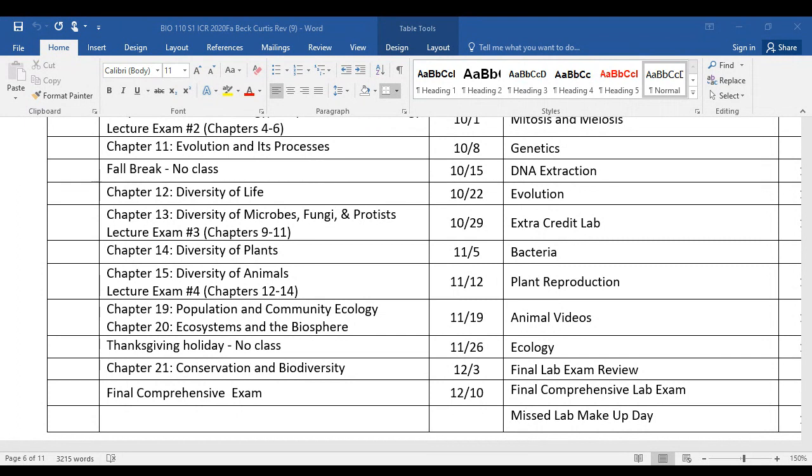Meristems, this word meristem just means the tissue in the plant where it grows. Plants aren't like animals. When you were a child, most of the tissues of your body got larger.